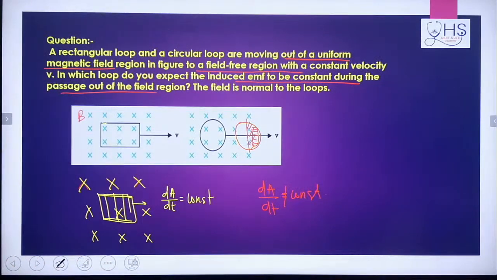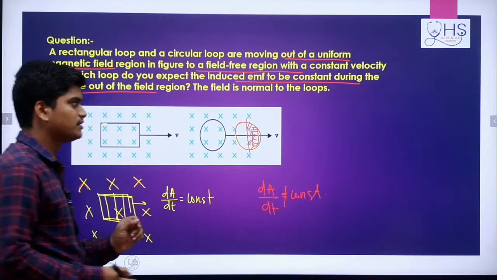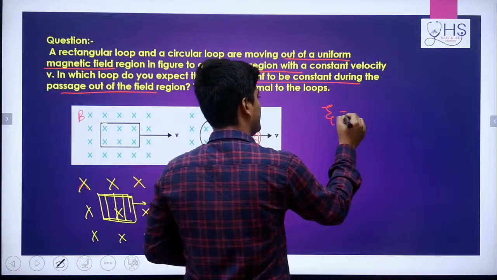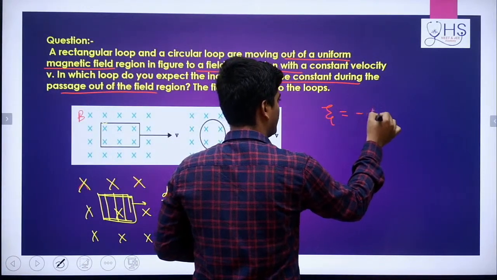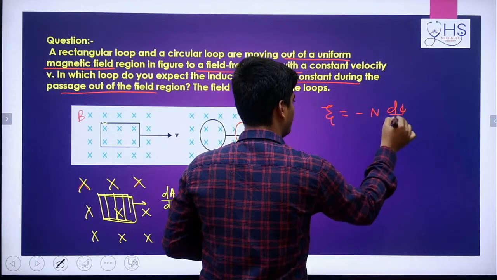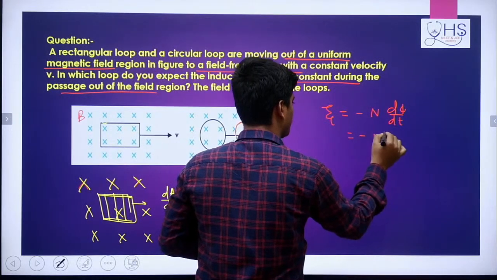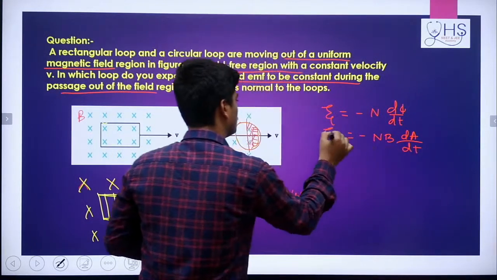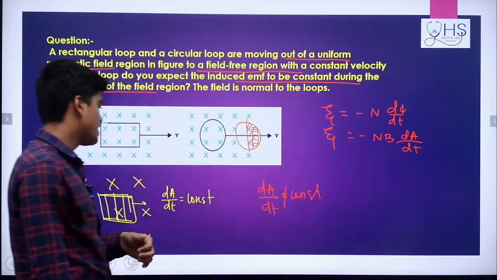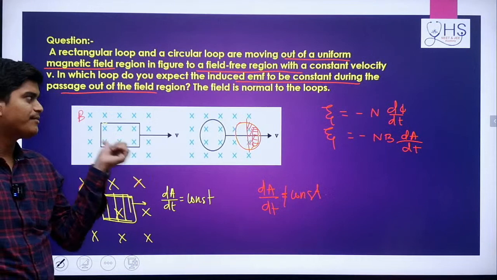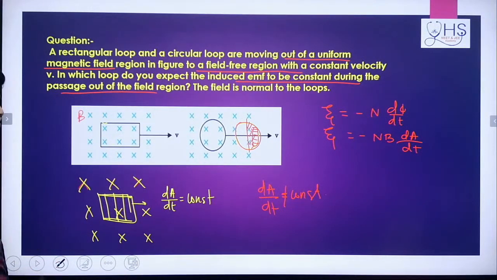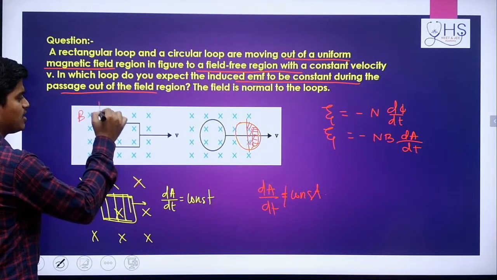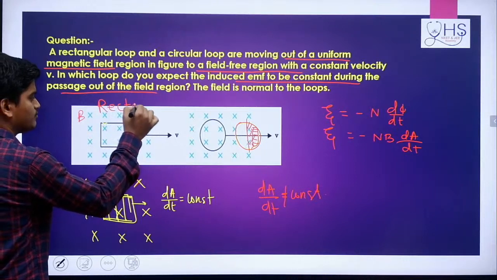So what will happen if dA by dt is constant? EMF you get is minus n d phi by dt. If the magnetic field is constant, you get dA by dt. So if dA by dt is constant, then EMF also remains constant in the rectangular coil.